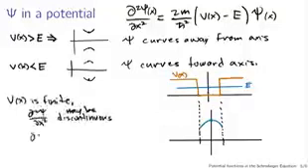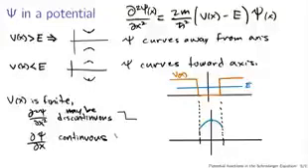The first derivative of psi will be continuous. Think about integrating a function that looks like this. I integrate it once, I get something maybe with large positive slope going to slightly smaller positive slope.